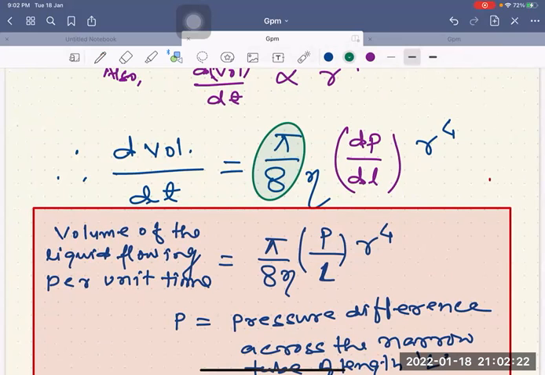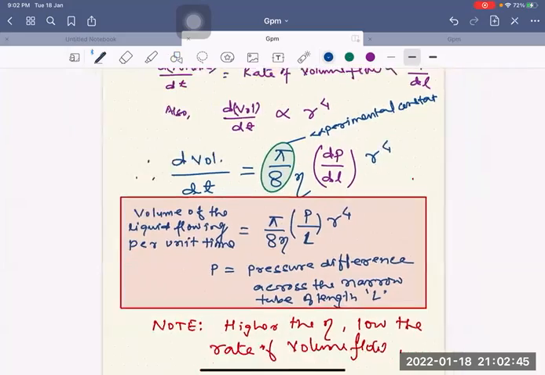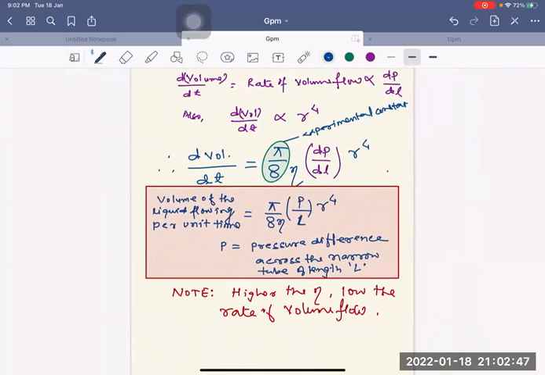By dimensional analysis we can get it, you can prove it by dimensional analysis. And all this relation can be achieved by dimensional analysis.